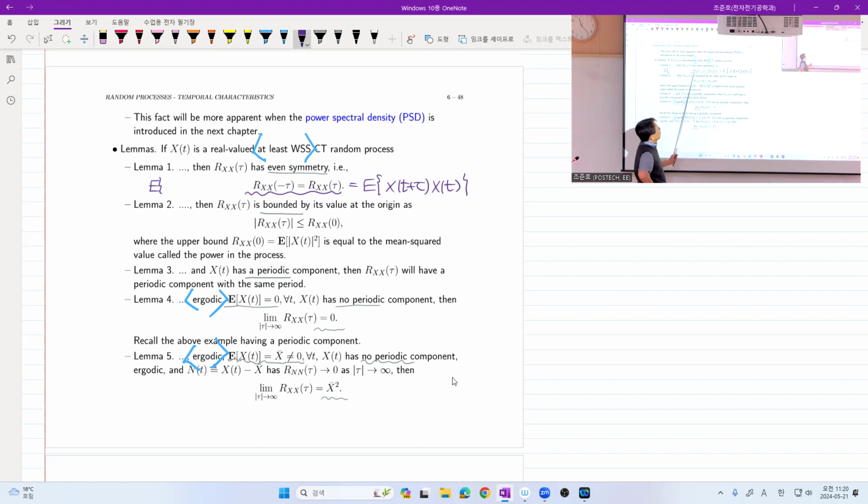So here, what does this mean? Either you change tau to negative tau, or you add tau on the right side. So let's take the second case. So the left-hand side is by definition the expectation of X of t times X of t minus tau, right?